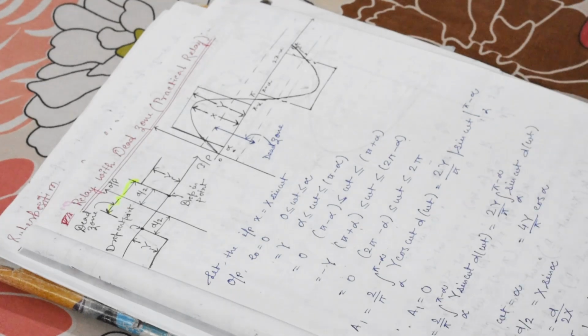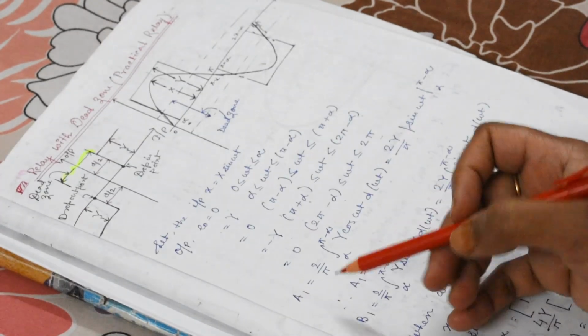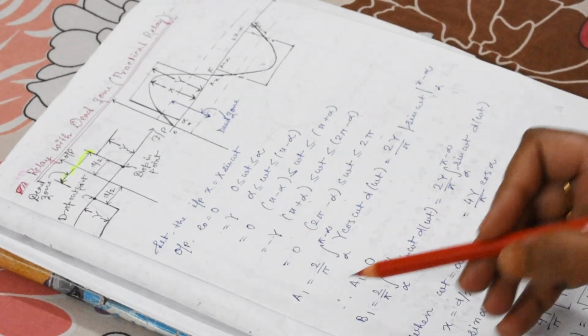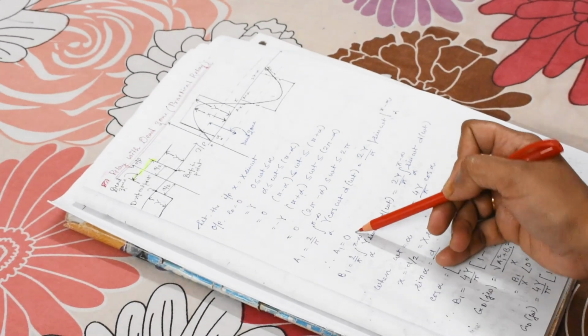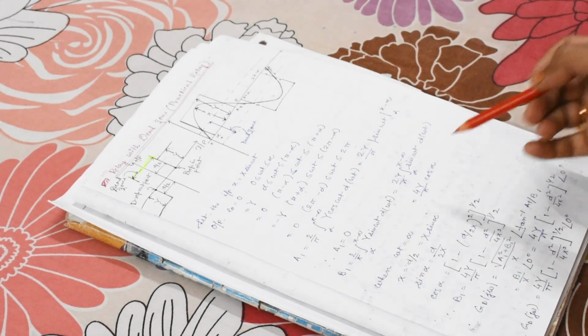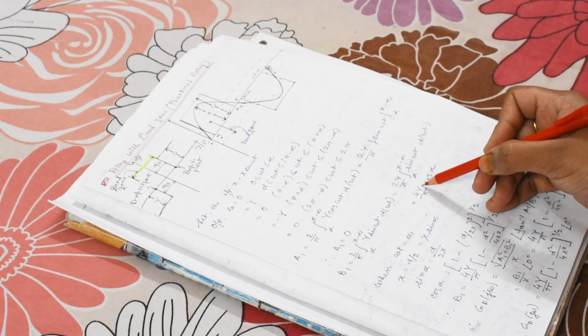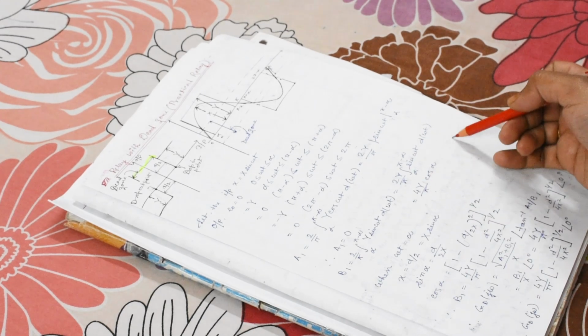Due to odd symmetry, A1 is 0, and we calculate B1, which is 4Y by pi cos alpha.